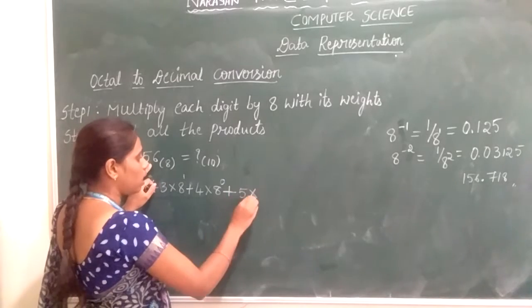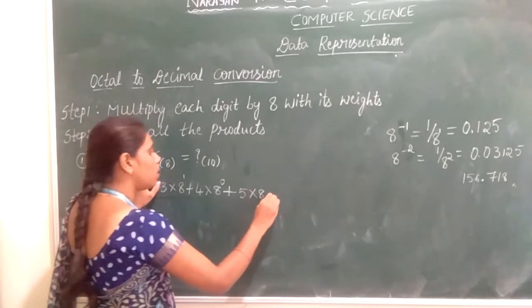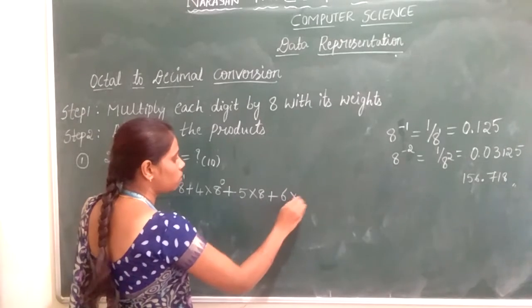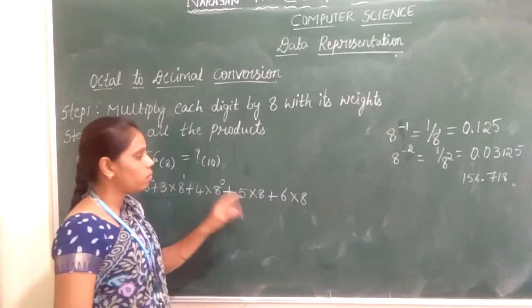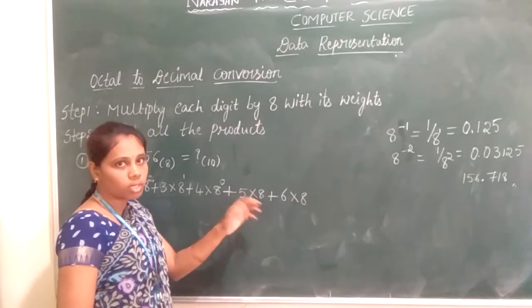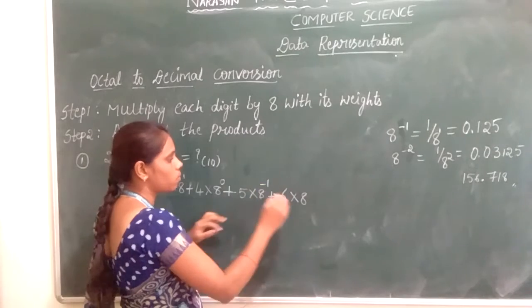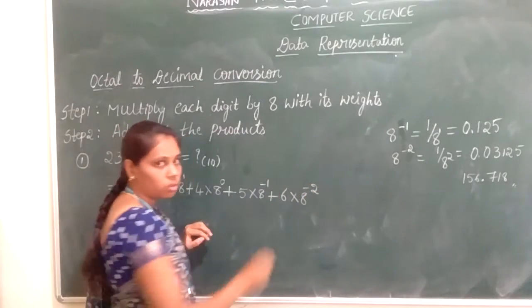Multiply this by 8: 5 into 8 plus 6 into 8. Now always the positional values after the digit will start from -1, -2.